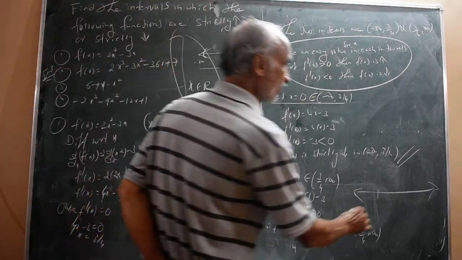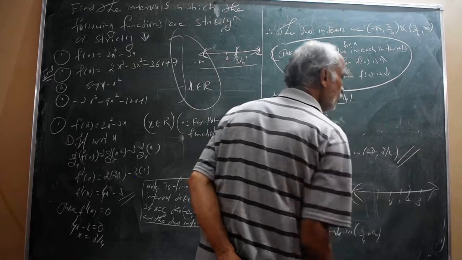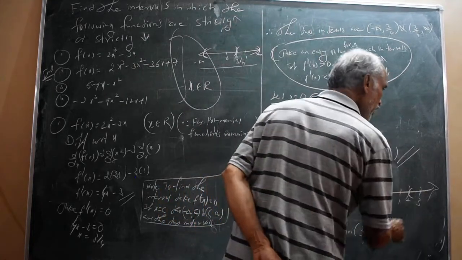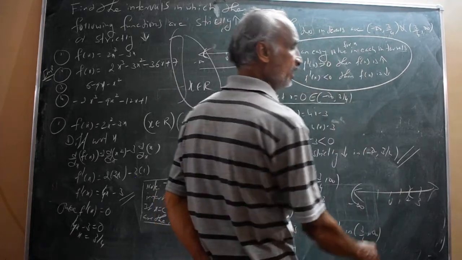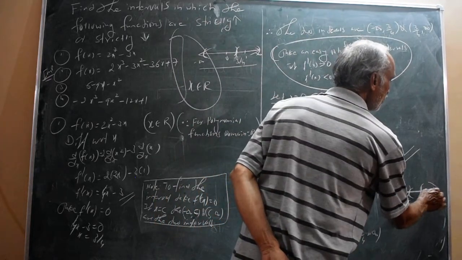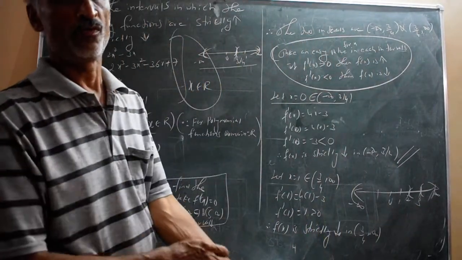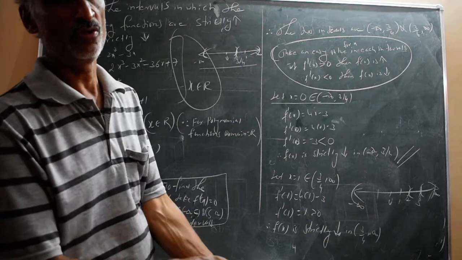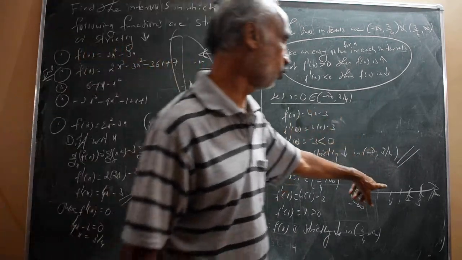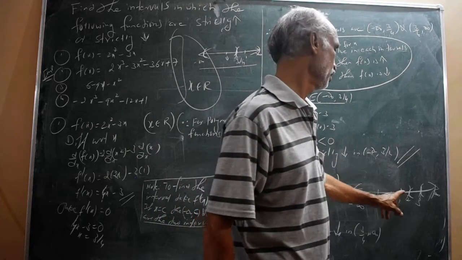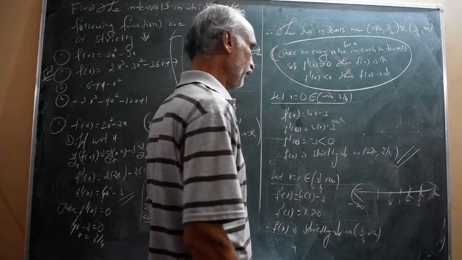Then the intervals are: one is minus infinity to 2, another interval is 2 to 3, and the third interval is 3 to infinity. If you got two values for x after taking f dash of x is 0, then you are getting three intervals.